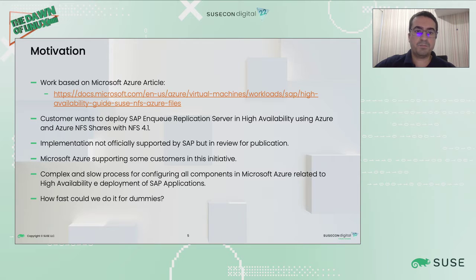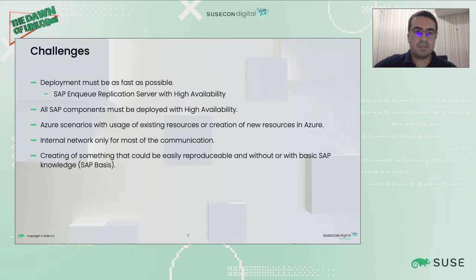So these were the motivations that we had, and we tried to do our best to make it easier and as fast as possible for all kinds of technical personnel and skills.